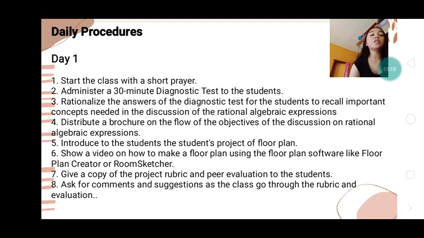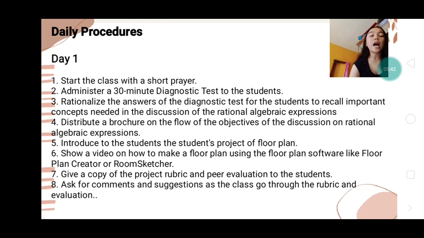Then, introduce to the students the project of a floor plan. On the first day, you explain to the students what the final project expected of them in that unit or topic is.